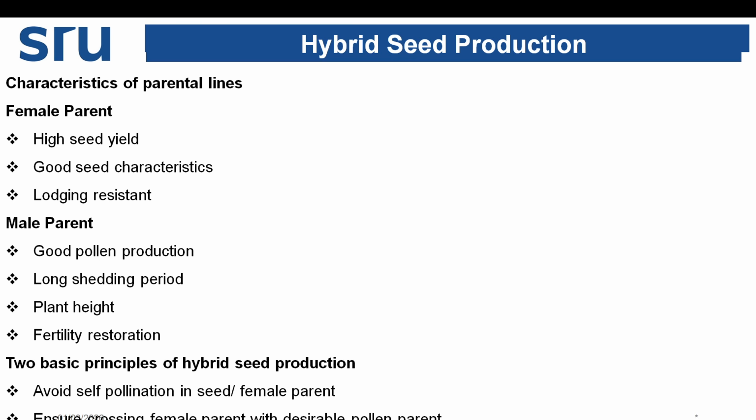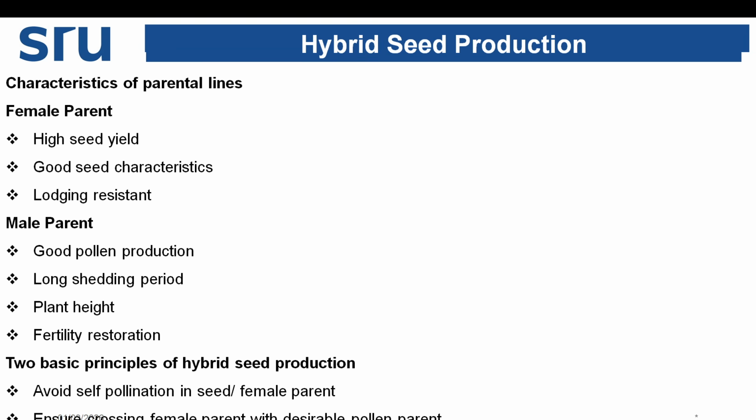What are the characteristics? Now, generally for hybrid seed production, we use a male and a female parent, right? So, what should be the characteristics of the parental lines? For the female parent, it should be high yielding, with good seed characteristics. What do seed characteristics mean? The seed should be shiny, having luster, small, or bold if we are targeting bold seed.